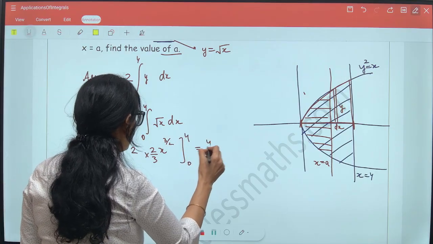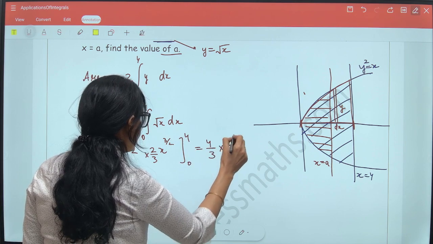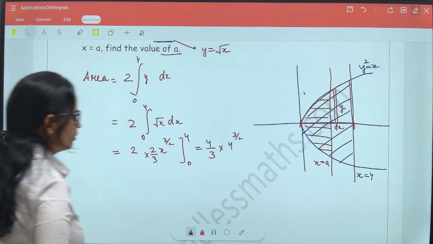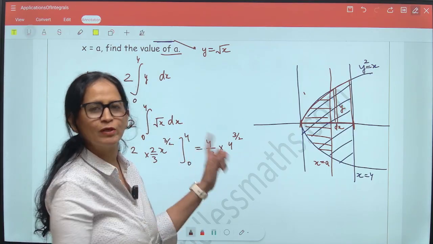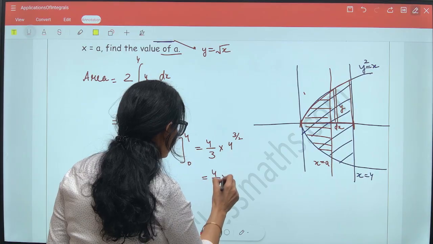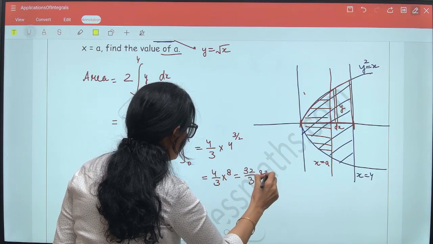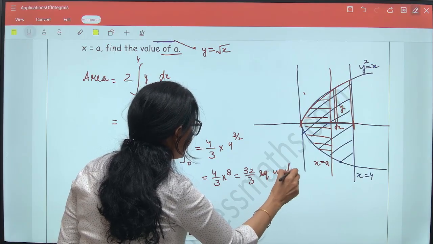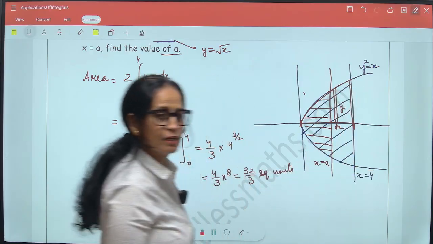So it is going to be 4 by 3 and 4 to the power 3 by 2. We just did this earlier also. 4 cube is 64 and square root of 64 is 8. So that means this becomes equal to 4 by 3 into 8, and this is 32 by 3 square units. So this is the entire area bounded by the parabola and the straight line x equals 4.